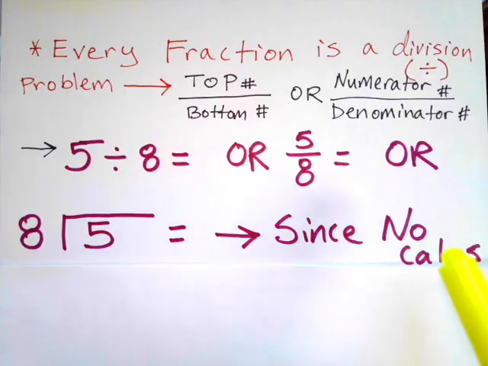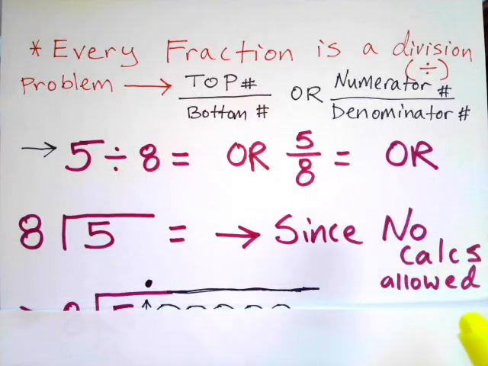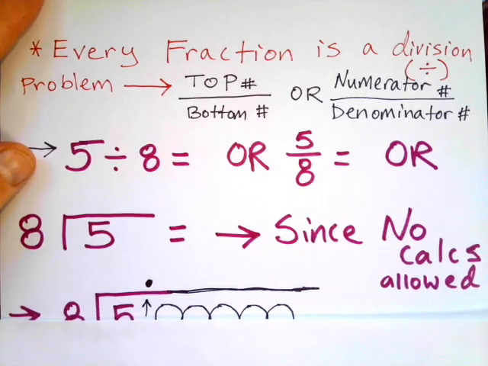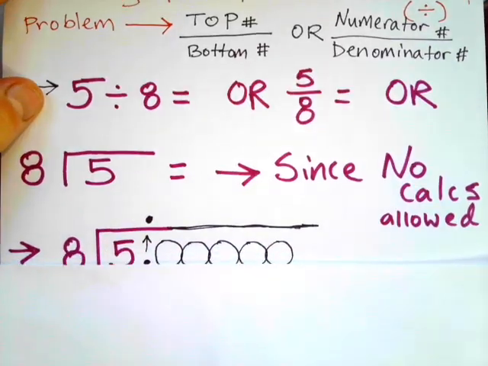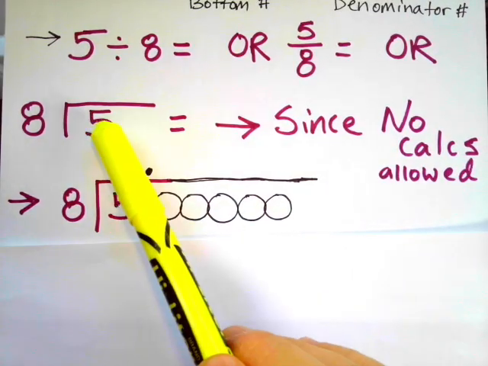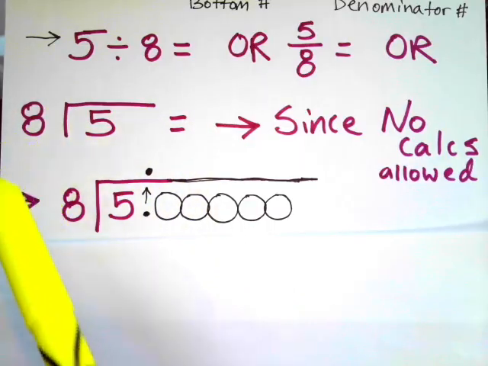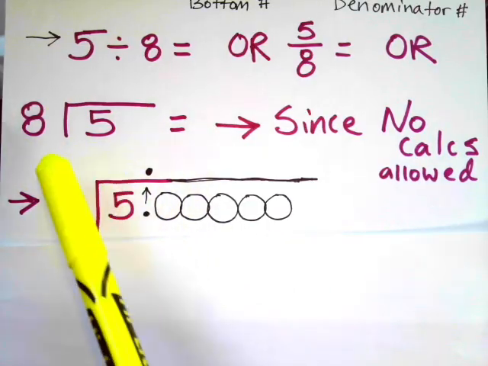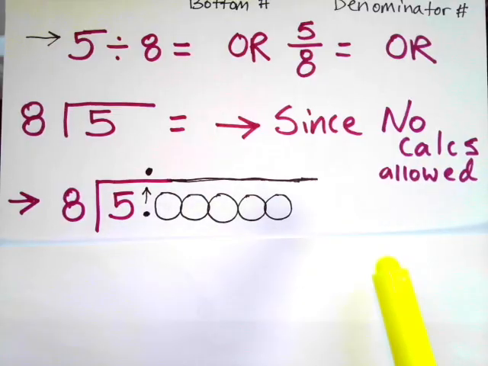So since there are no calculators allowed, we're going to manually divide the top number by the bottom number of our fraction, 5 divided by 8. And you see that here.